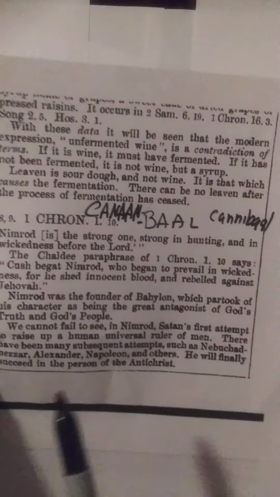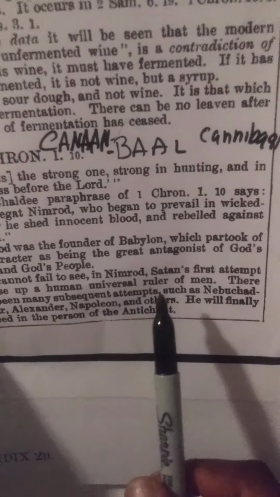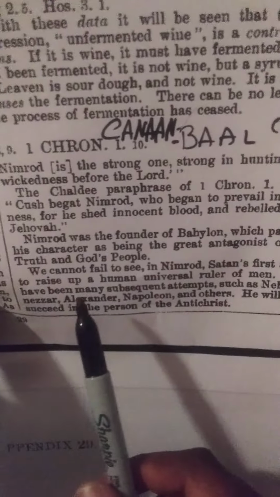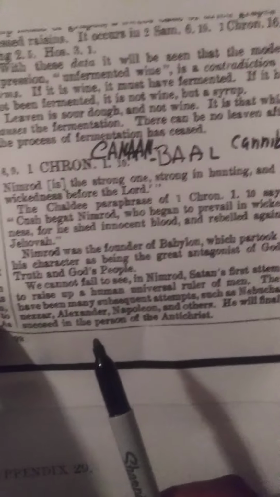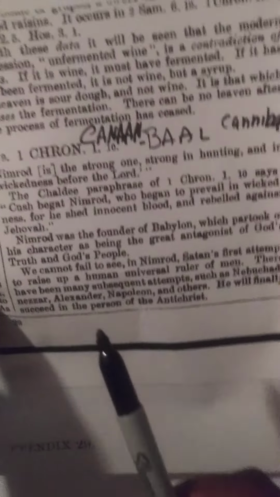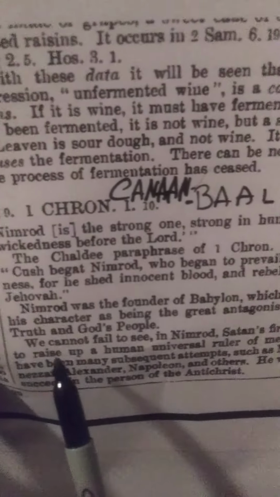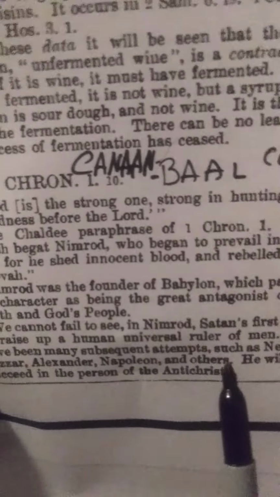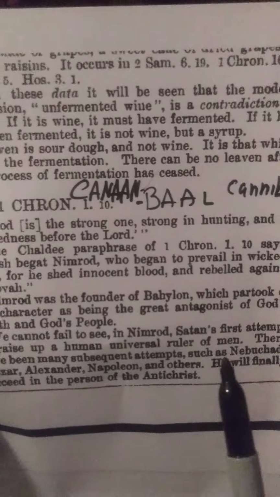And so of all the rulers that was taken over, Satan got to one man first, which was Nimrod. And so Satan and the devil has a very illustrious history. And so how powerful was he? How significant was it that the first ruler he got to was Nimrod? We cannot fail to see in Nimrod Satan's first attempt to raise up a universal ruler of men.